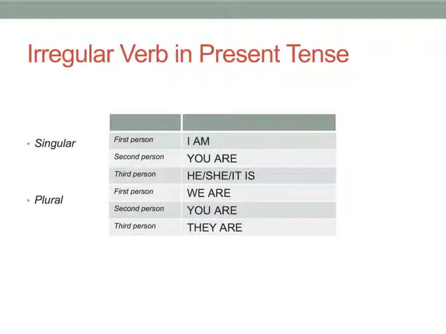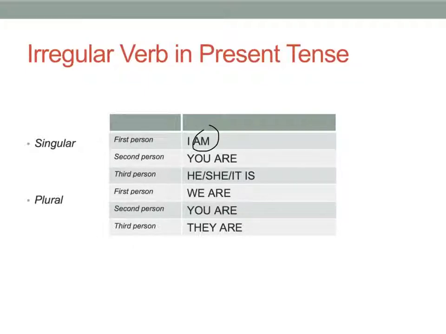Here's an irregular verb in the present tense. This is the verb to be. There are a couple of things I'd like you to notice here. Notice that the root of the verb changes. So the verb to be, notice that you don't see be at all in the present tense. You see I am.